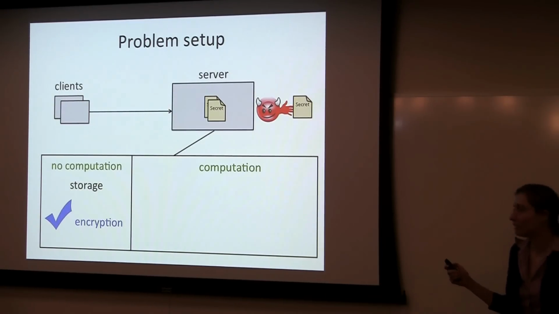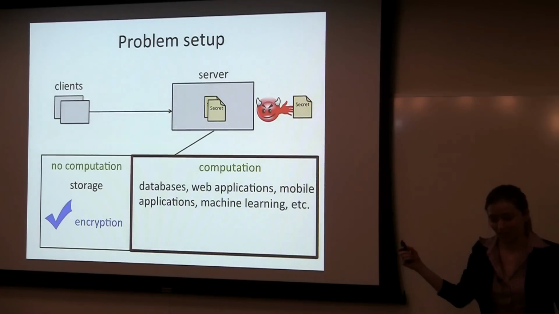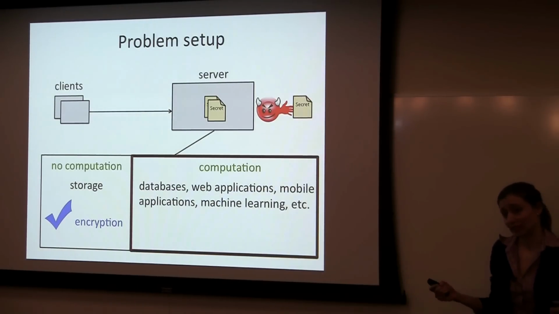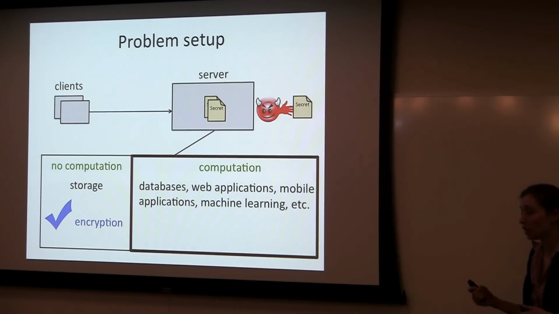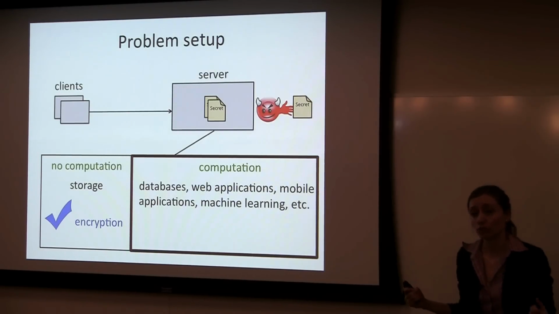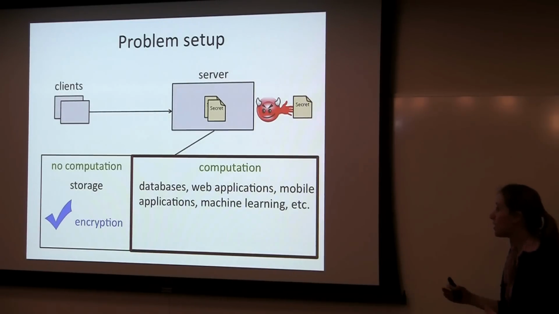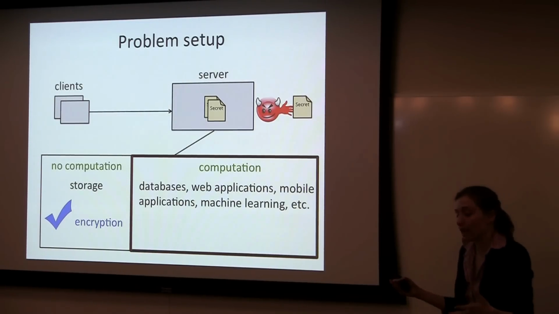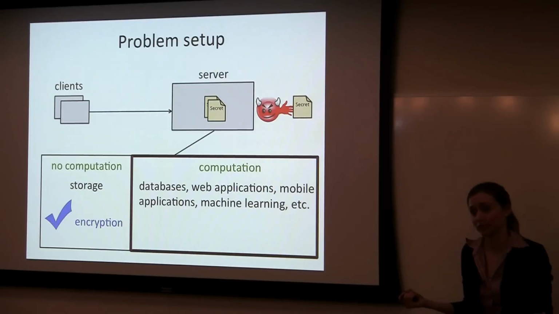However, the problem really lies with most systems that actually compute on the data. Databases, web applications, mobile applications, machine learning tools, all of these compute on the data. And here you can no longer simply encrypt the data, because how are they going to compute on it?